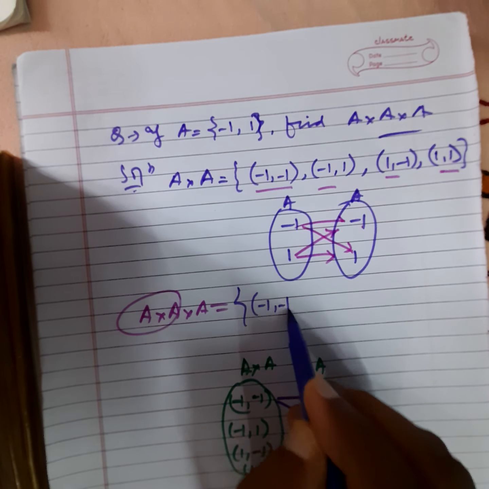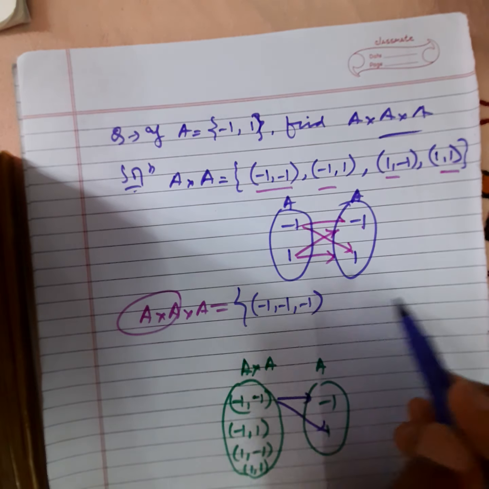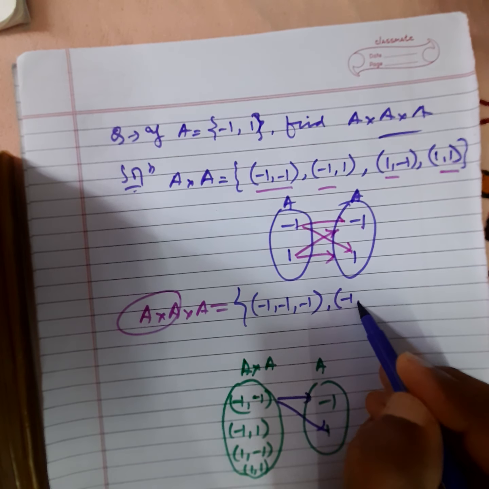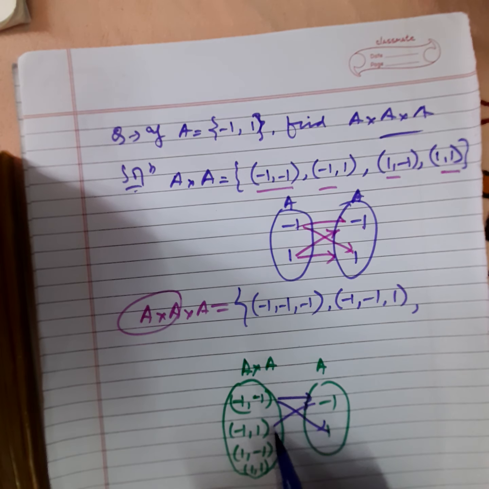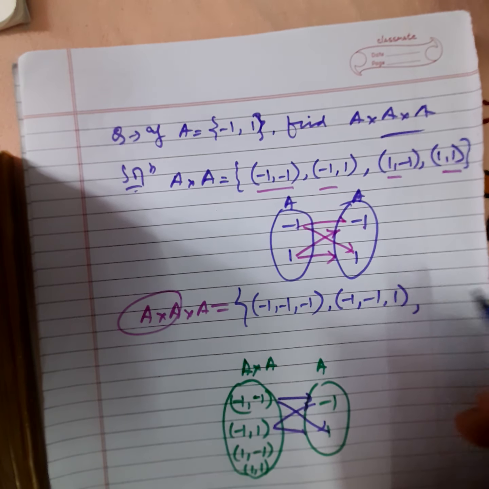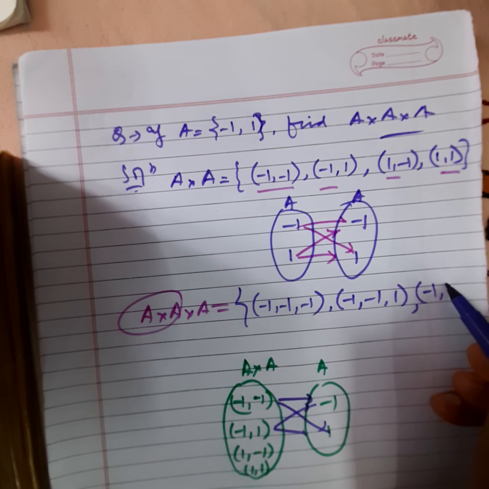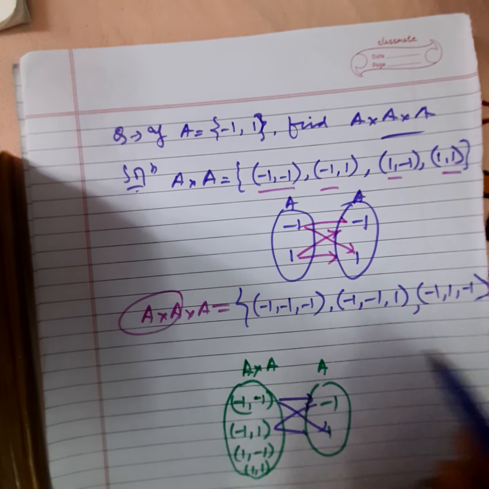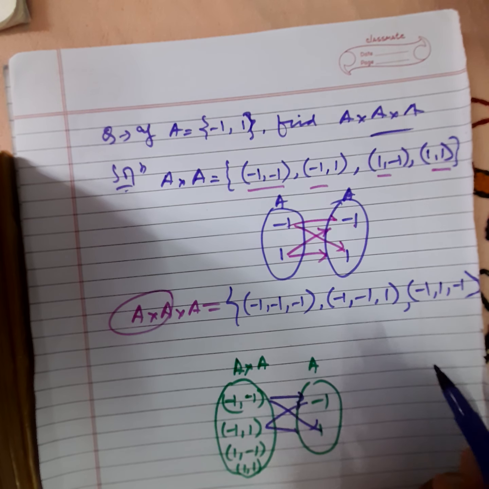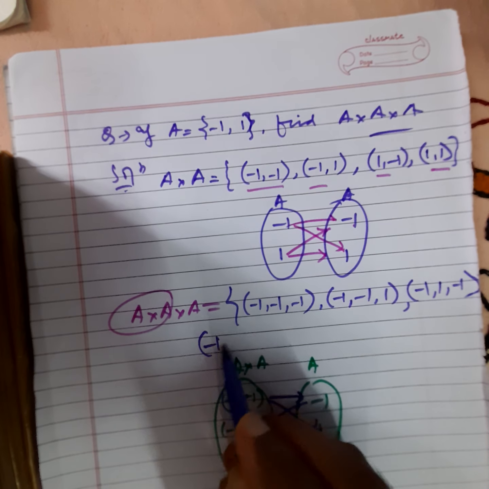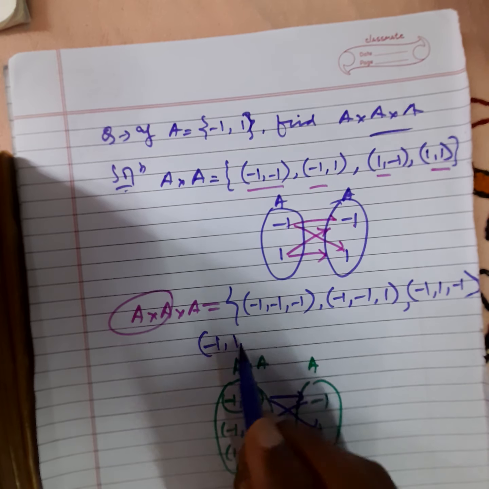That means what we can write? (-1, -1, -1). Next is (-1, -1, 1). Next is this one and this one. In this way we have to go. Then (-1, 1, -1). Then what will we write? Next (-1, 1, 1).